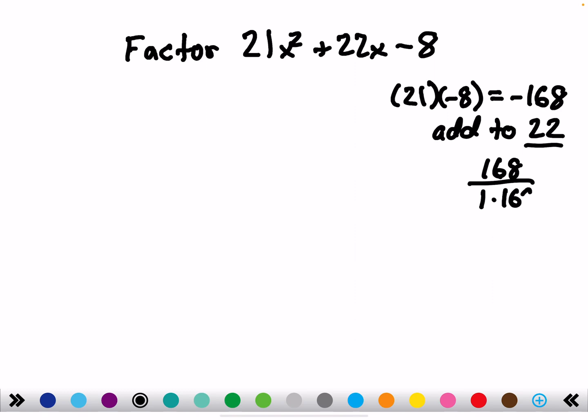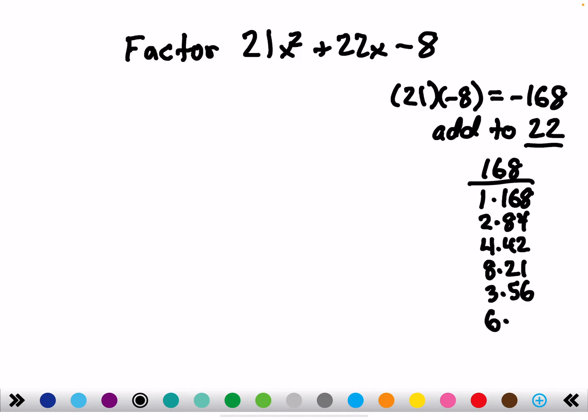1 and 168, too big. 2 and 84, too much difference. 4 and 42, still too big. 8 and 21, that's not what we want. 3 and 56, nope.